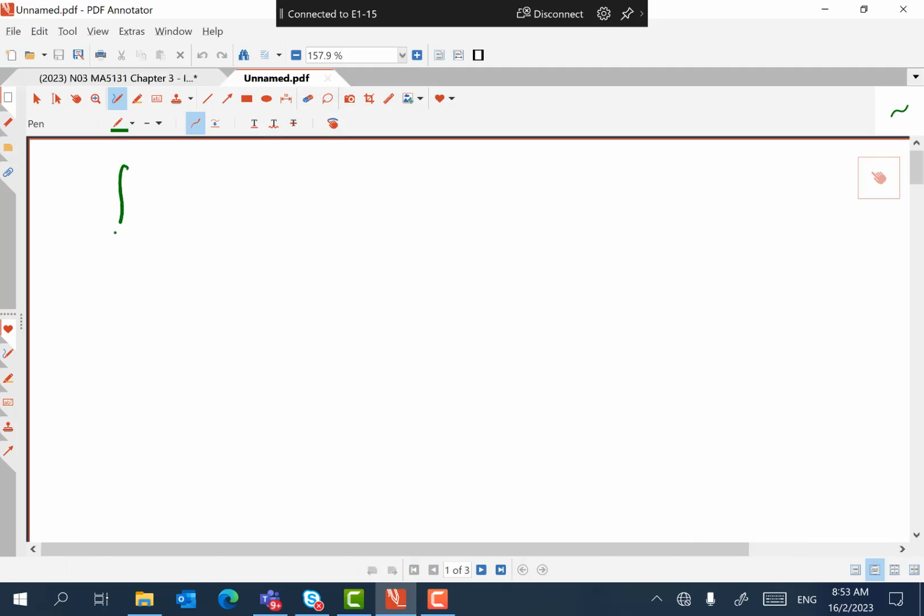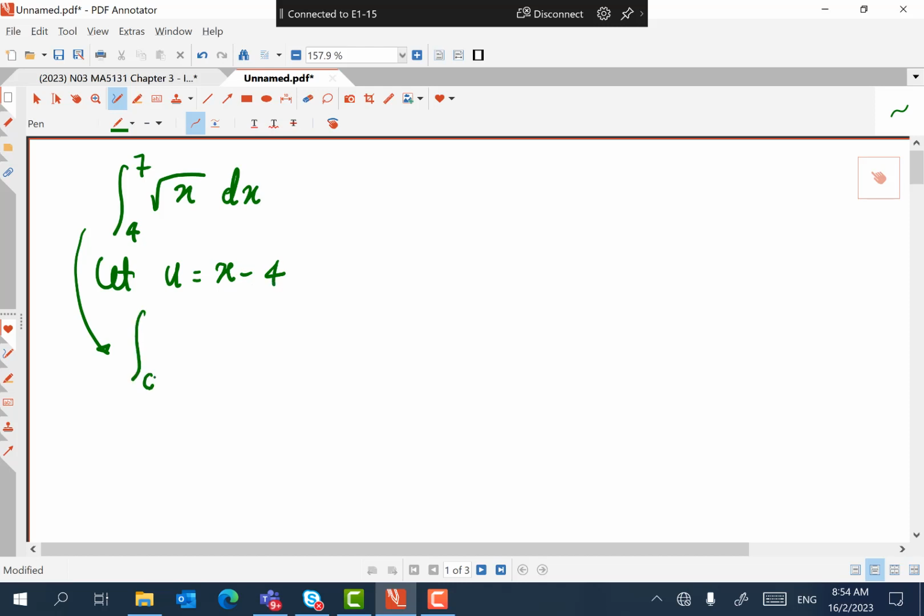Earlier on, it was the integration from 4 to 7 of root x dx. So she's saying, let for example, u be x minus 4. Okay. Mind that. u equals x minus 4. So when x is 4, u is 0, and when x is 7, u is 3. And x is u plus 4.